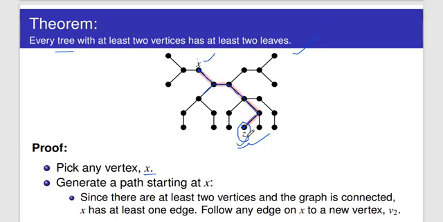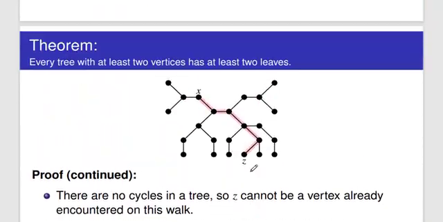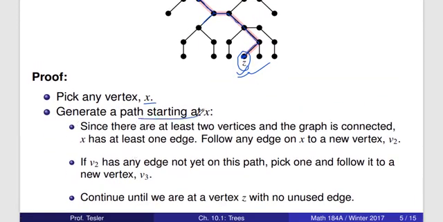Now start from z. There is a path starting at x. Since there are at least two vertices, the graph is connected, and x has at least one edge.